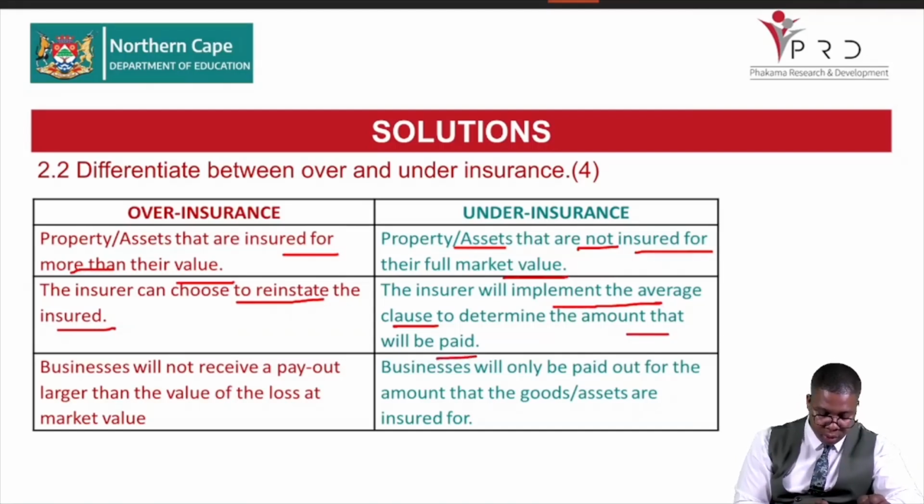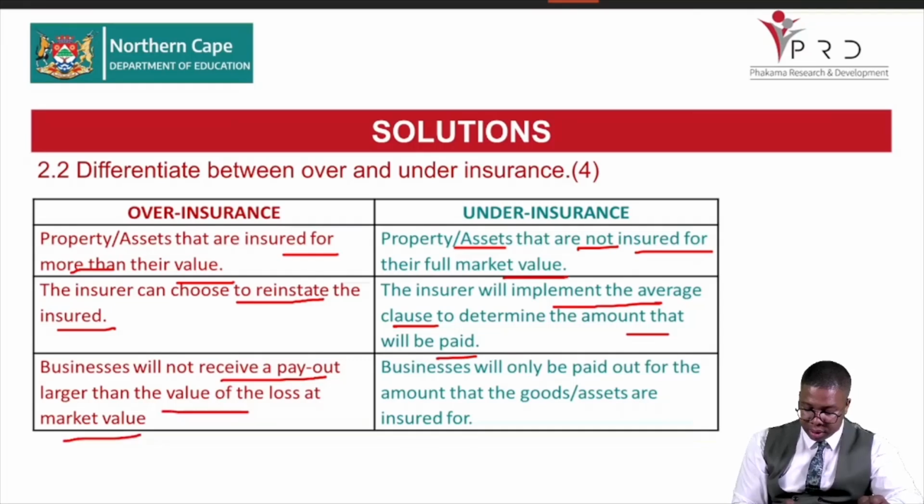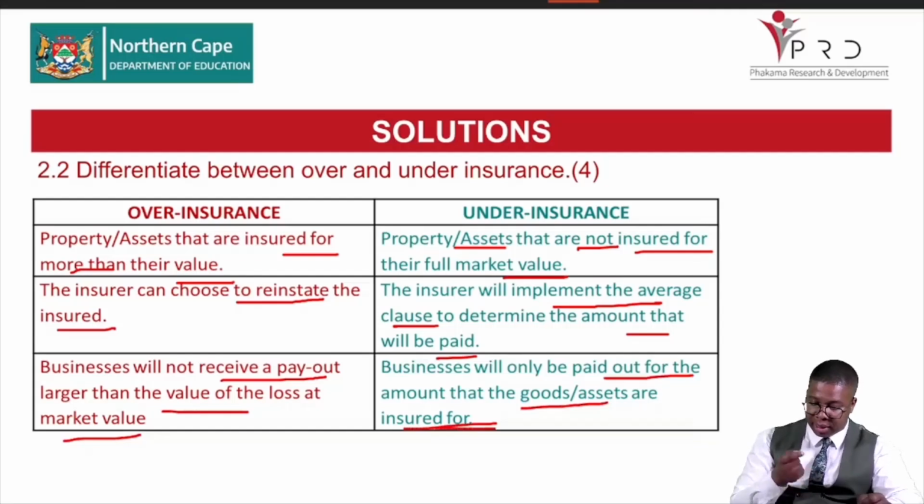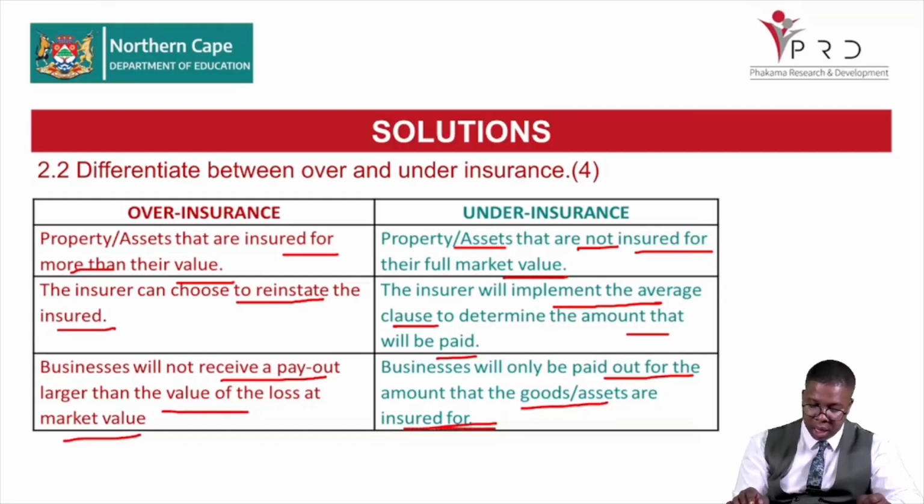With over insurance, businesses will not receive a payout larger than the value of the loss at market value, but with under insurance, businesses will only be paid out for the amount of goods or assets that they are insured for. If they are insured under, they will receive money, but it will be less than the actual value of the damage. So that's how we deal with under insurance.